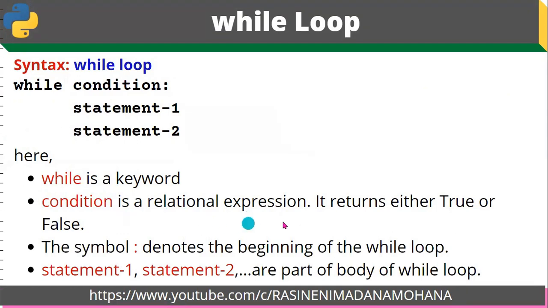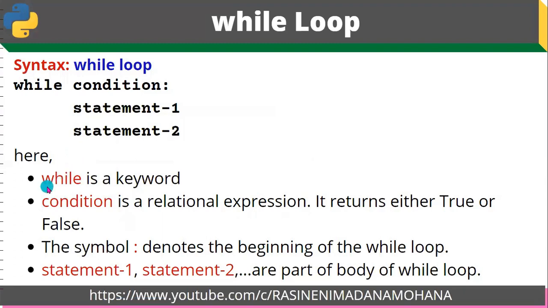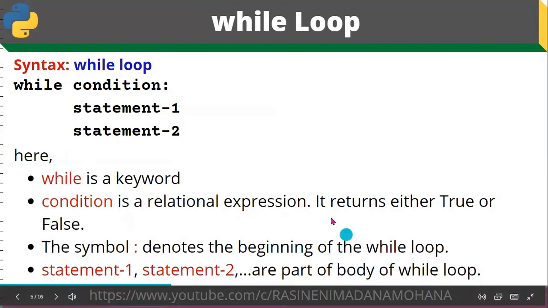This condition returns either true or false. Now the colon symbol denotes the beginning of the while loop. Here statements 1, 2, and so on, n are part of the body of the while loop. This is the syntax of the while loop.